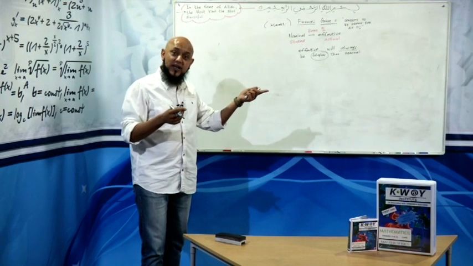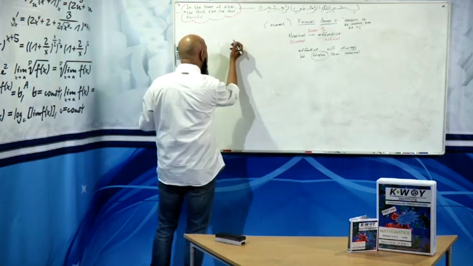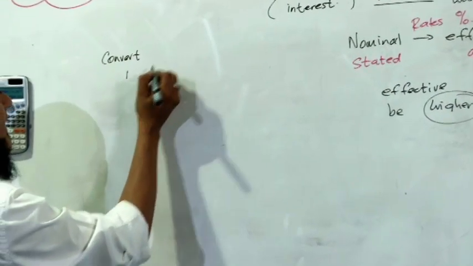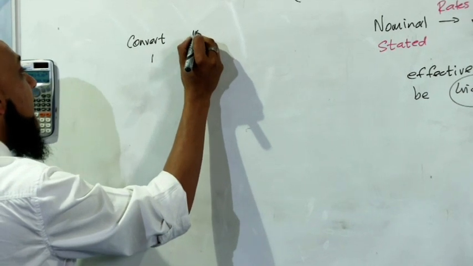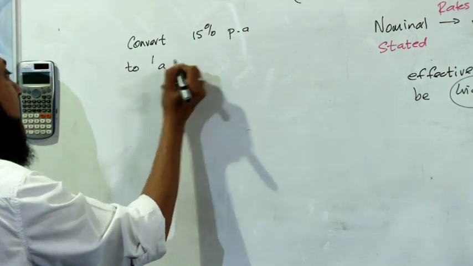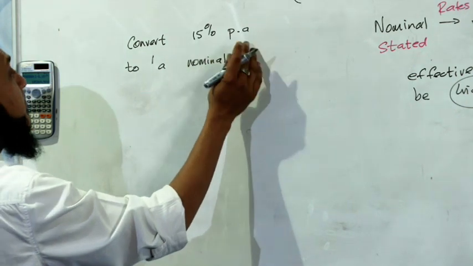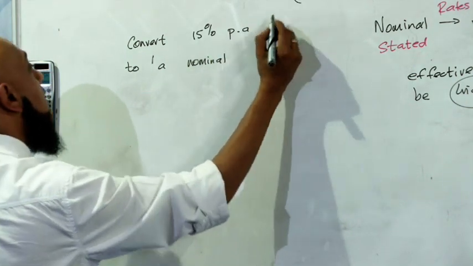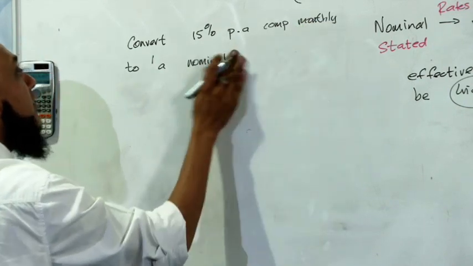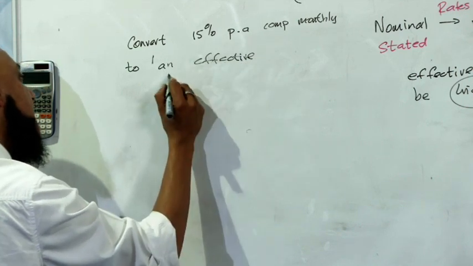What did you actually pay, and what was the stated amount? So let's do some examples here. So now we say, convert 15% per annum compounded monthly to an effective interest rate.